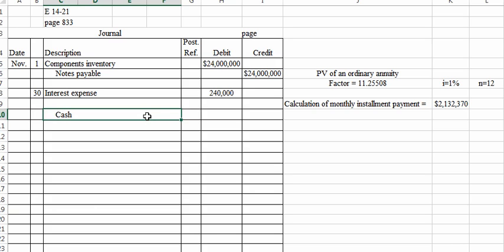We're going to credit cash for $2,132,370. And that difference will be the principal portion of the payment, which will be debited to notes payable.